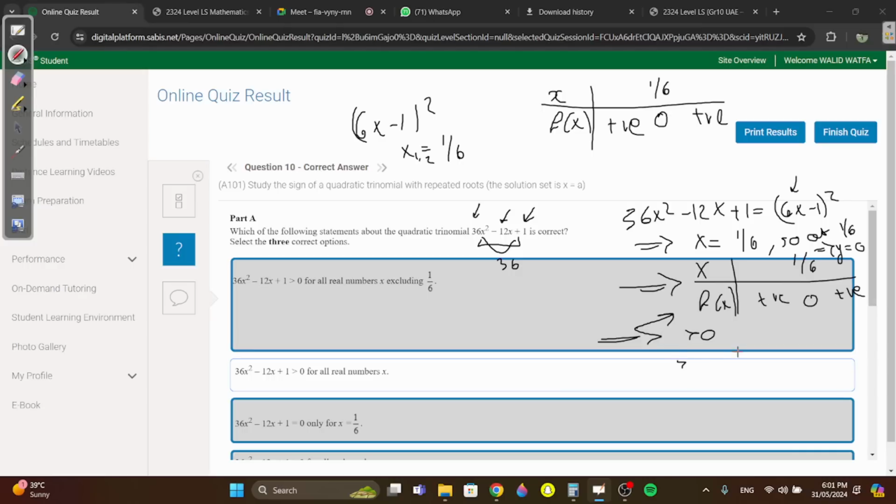You can't just put the answer between or all real numbers, all except 1 over 6. You can't. The person correcting doesn't know you're smart, okay? Because I know you guys are smart, you know it, but you have to show your work. You have to say, this equation 36x squared minus 12x plus 1 greater than 0 for, you write 4, and then you write your solution for all, you could say R, or you could say all real numbers except 1 over 6.